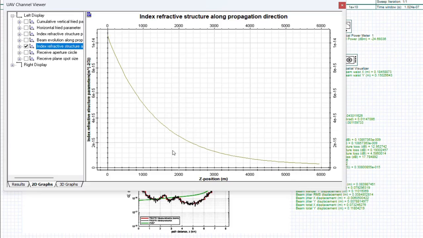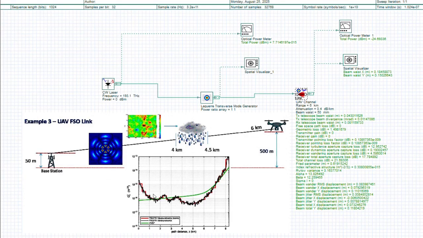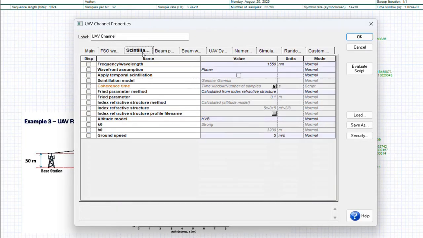If I would like to have my custom Cn square, this is an example of a diagram where the Cn square becomes higher in a specific region, maybe around 6 kilometers, and increases a little bit. So we have some variations that we would like to model for the Cn square. If you go to the beam wandering scintillation tab and check the Fried parameter calculation, it is going to be defined from the Cn square, and rather than selecting the altitude model, we'll select user-defined Z profile.